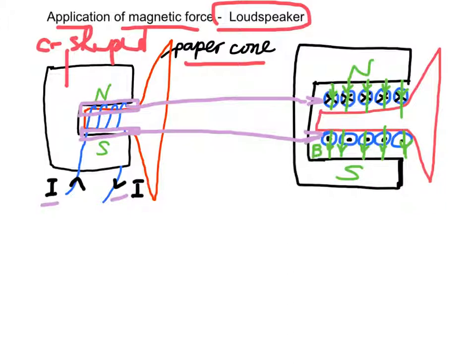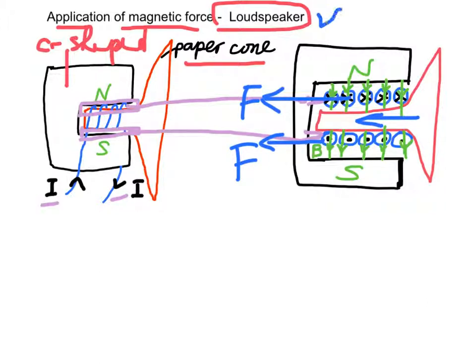By using the left-hand rule, the magnetic force acting on the wires in the upper part will be inwards. Also, the magnetic force acting on the lower part of the wire will also be pointing inwards. Therefore, the paper cone will move to the left.